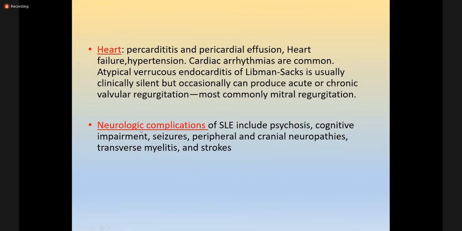It may cause inflammation of the lining of the brain leading to meningitis. There may be seizures because of the involvement of the capillaries and blood channels of the brain. There may be cranial neuropathies, involvement of the cranial nerves, or peripheral neuropathy because of the involvement of the peripheral nerves.